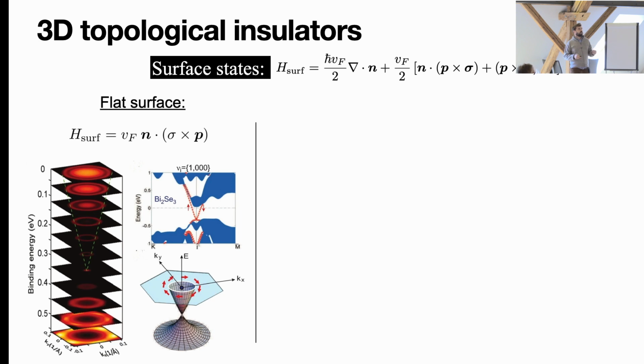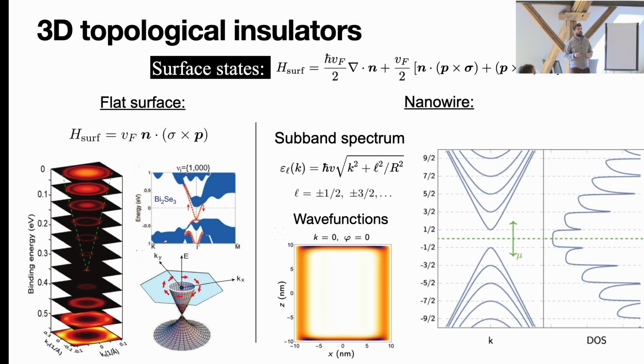But what I'm interested in is when you make this into a nanowire. So you make a thin wire of topological insulator, and then these surface states become quantum confined around the cross-section, as you can see from this plot. This is a plot of a tight binding model of just a square nanowire, but this works for any geometry.